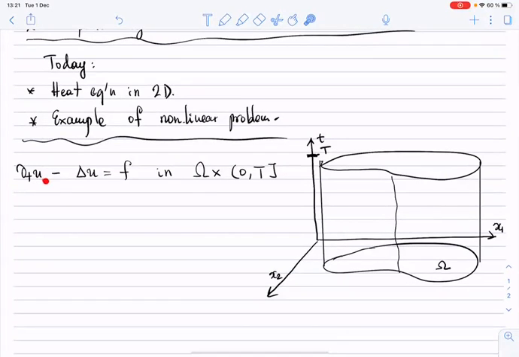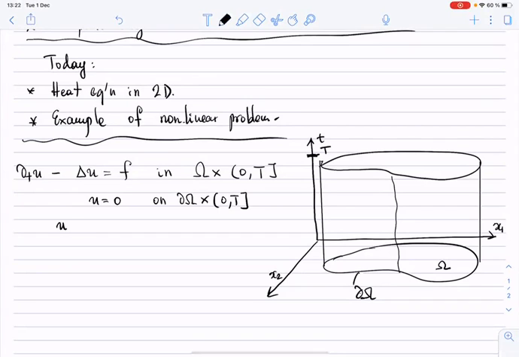We are going to solve u from this PDE, and subject to the boundary condition would be, for simplicity, maybe we can just take u is equal to 0 on d omega times 0t. So d omega means the boundary of omega. So we take the boundary and we just take the whole cylinder all the way until time t, capital T. And we also need initial condition.